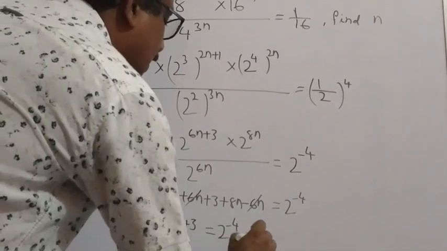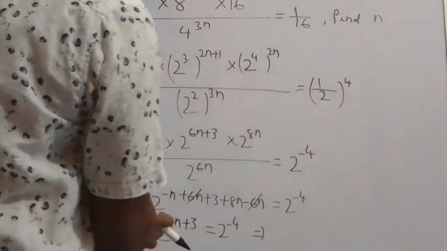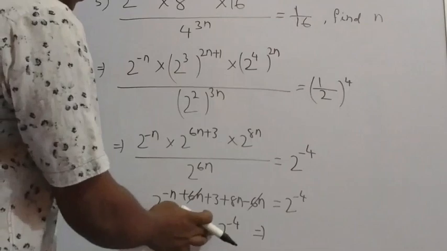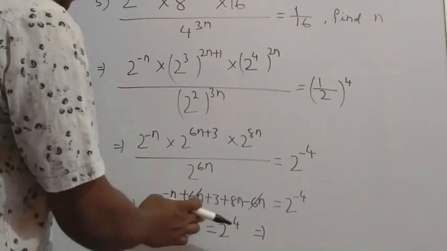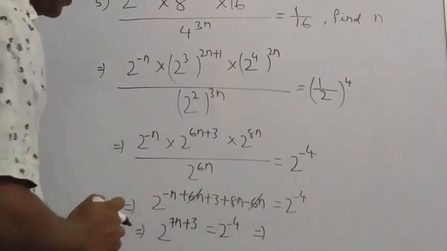Implies both sides, you see the formula I have told you, equal to is there in between. Both sides base is same, 2 is same. So if base is same, power must be equal.